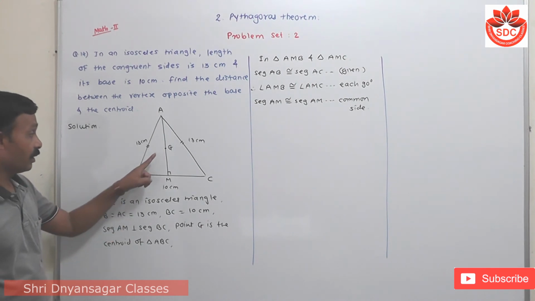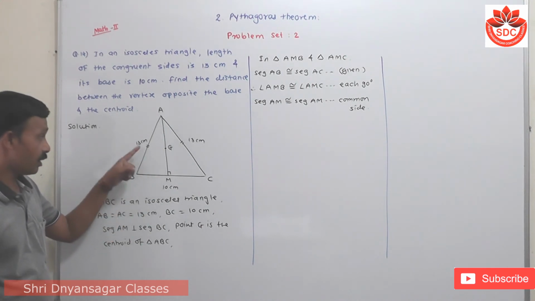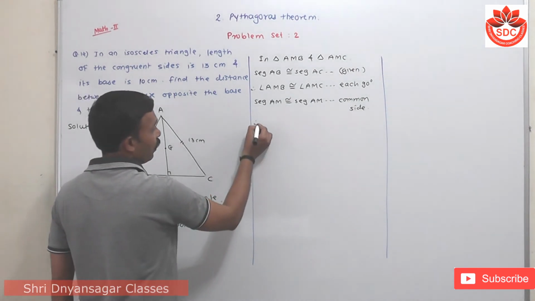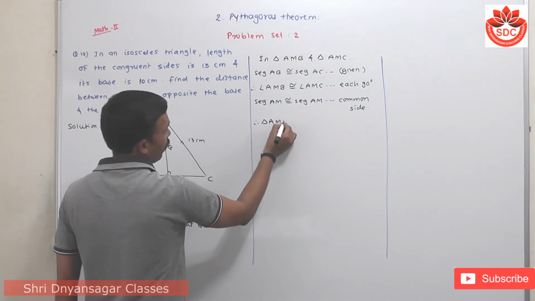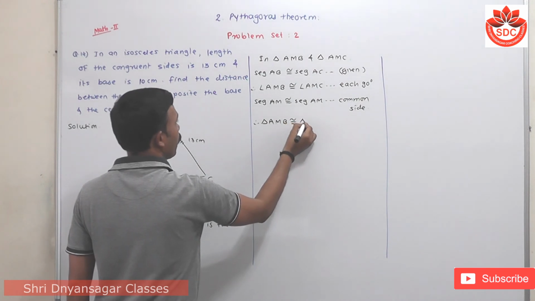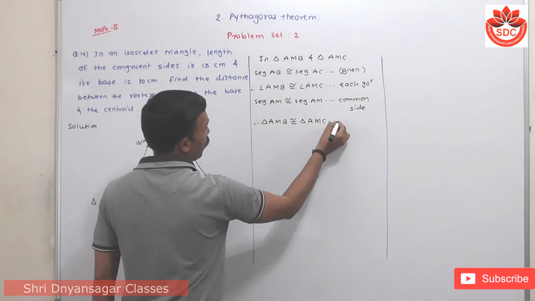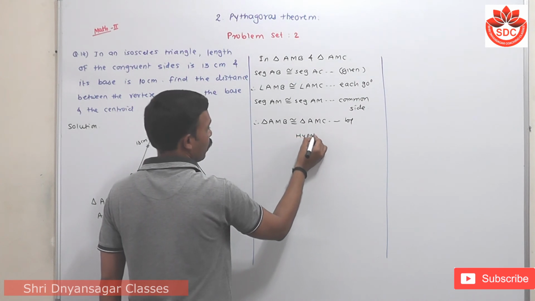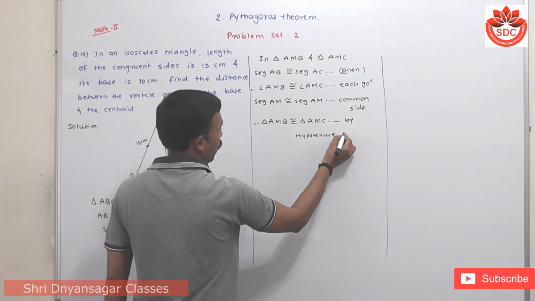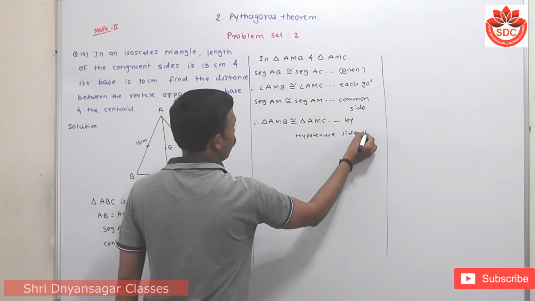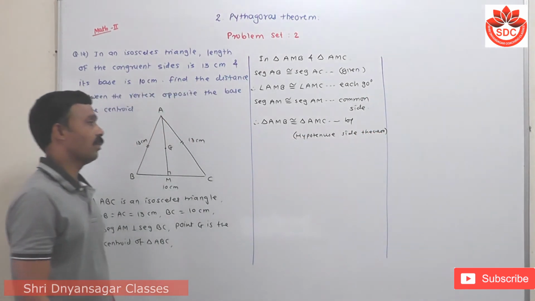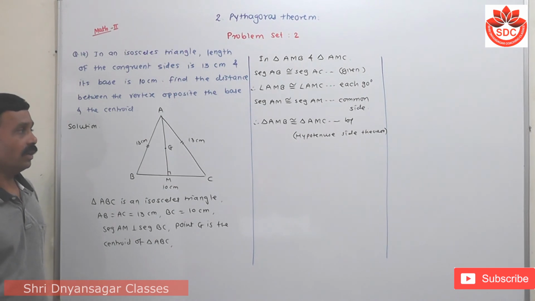This is the right angle, this is the opposite side, the hypotenuse, and one side. Therefore triangle AMB is congruent with triangle AMC by hypotenuse side test or theorem.